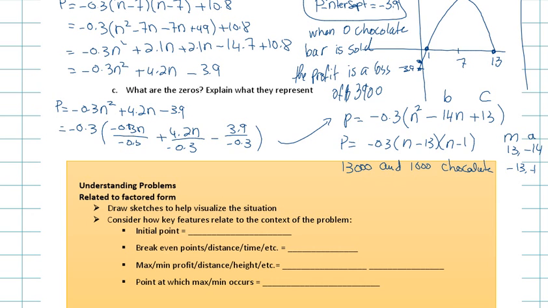So selling 13,000 and 1,000 chocolate bars will result in 0 profit.